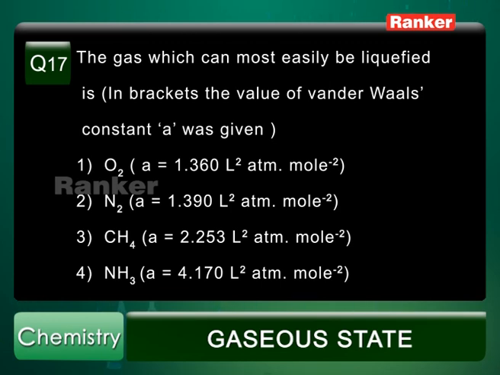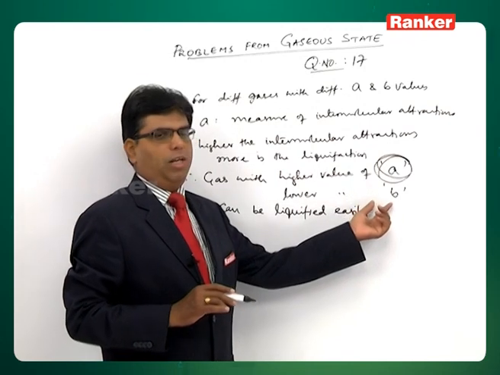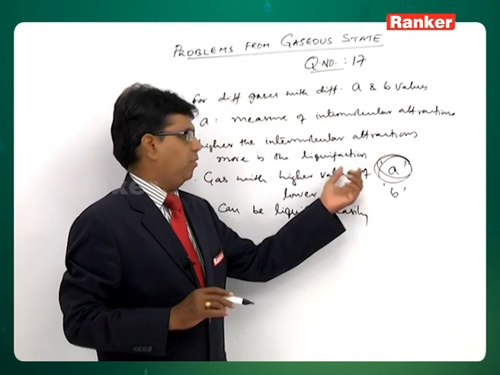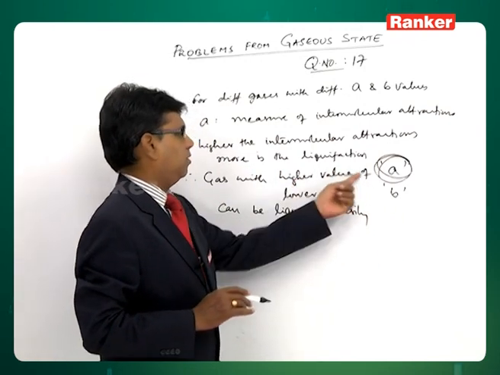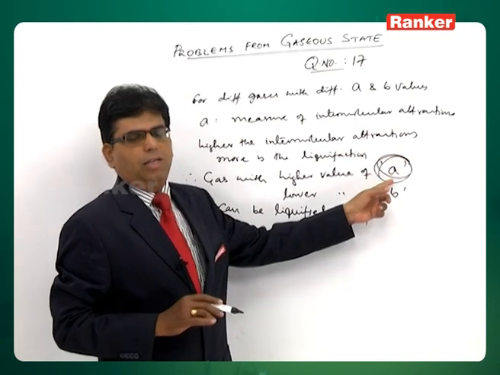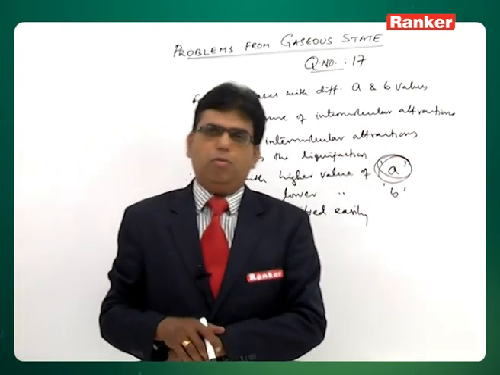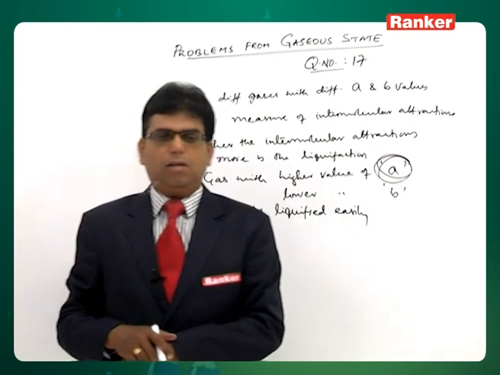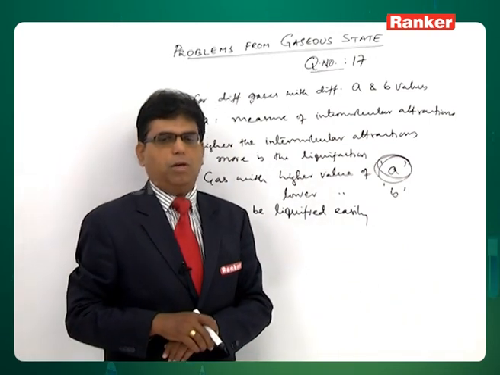Here the value of B is not given, only A values are given. If you compare only the A values, the higher value of A is for ammonia, that is 4.7, among all the 4 options.